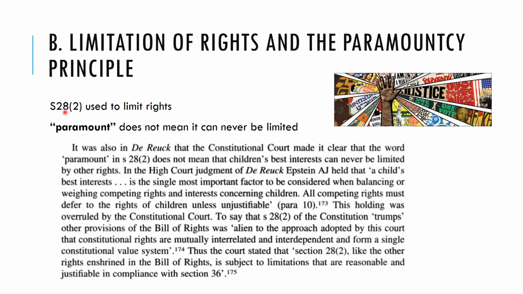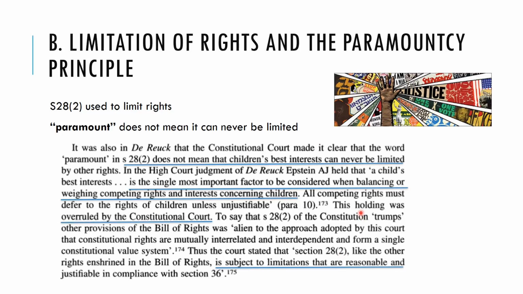Now Section 28.2 is used to limit rights. As we have said, the word paramount does not mean it cannot be limited. What it does mean is the single most important factor to be considered when balancing or weighing competing rights concerning a child. But this holding was overruled by the Constitutional Court.